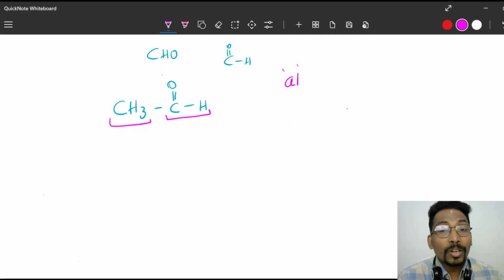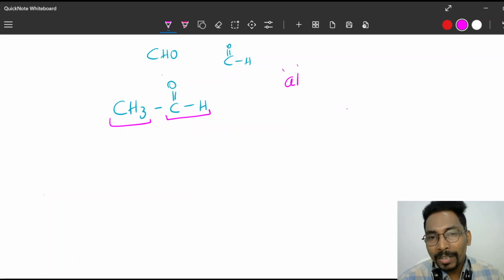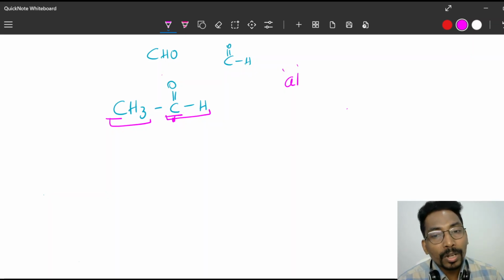So don't confuse aldehyde and alcohol. Here, how many carbons are there in total? You have to include this carbon also. That is very important because most students forget that. 1 carbon here, 1 carbon here. So total 2 carbons are there.